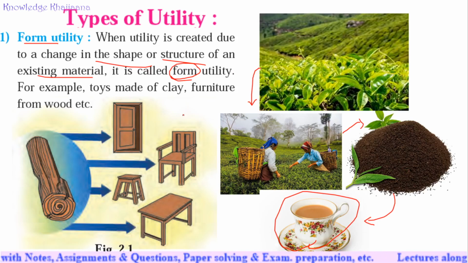For example, cake. See, the material which has been used in the cake cannot give us the utility of the cake directly because it needs to be converted. Its form must be transformed. Mobile phone, vehicle parts, right? If the spare parts of mobile phones are given to us, does it give utility?